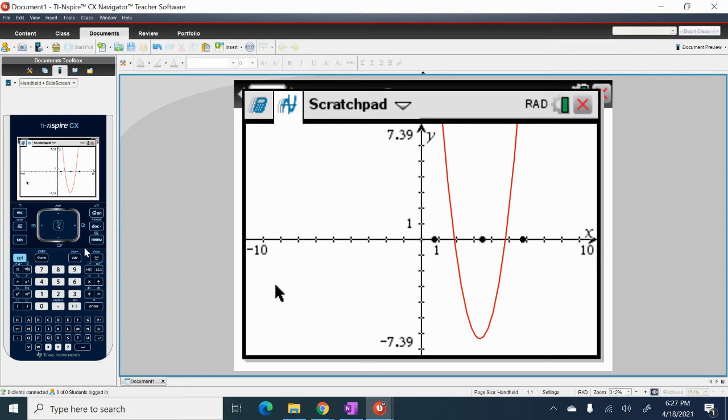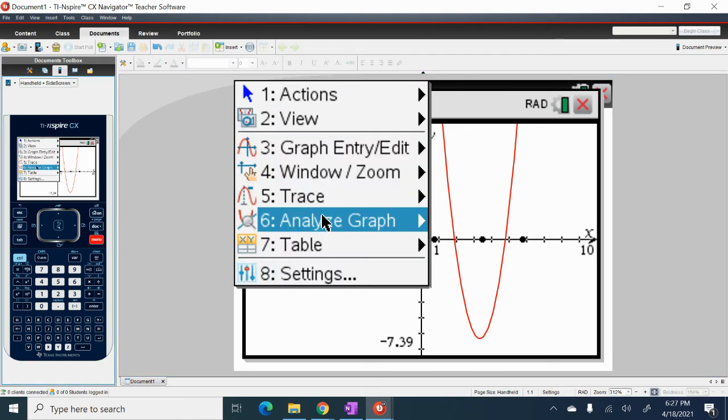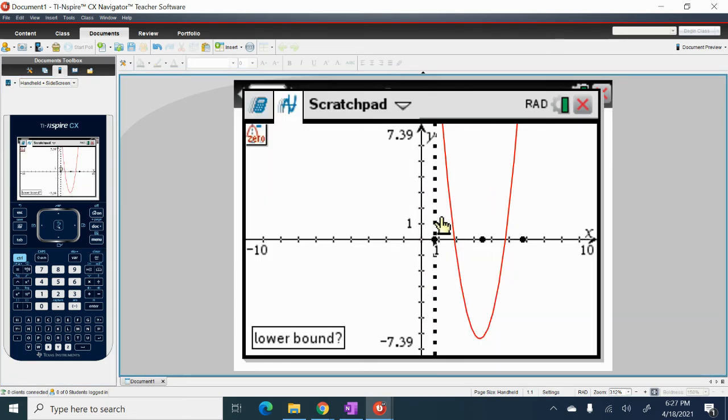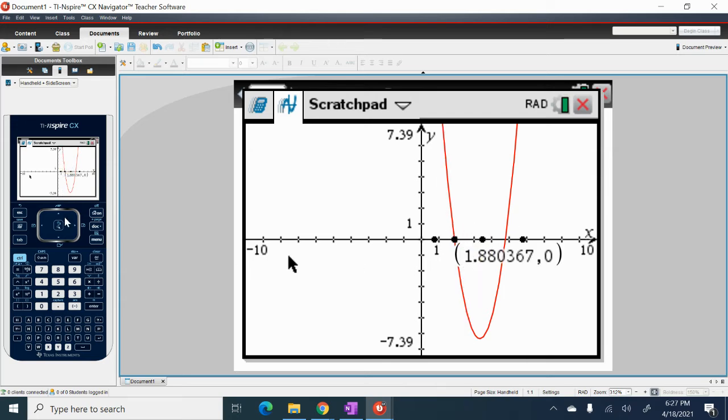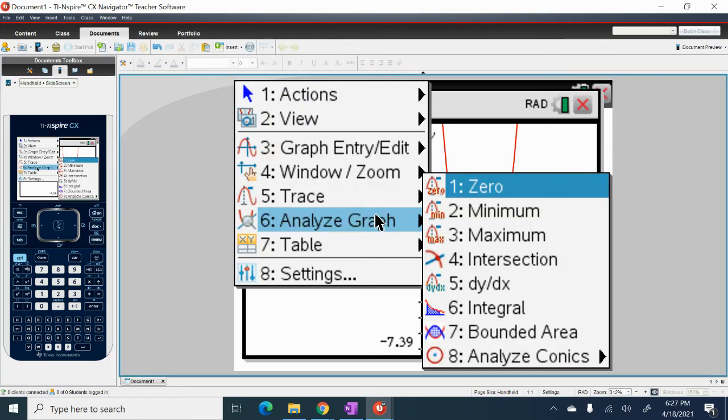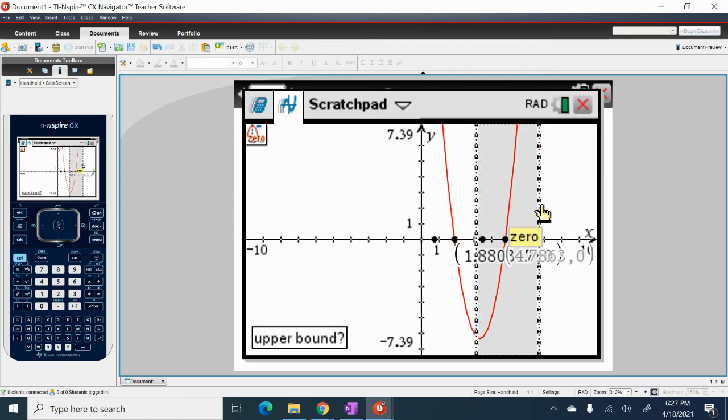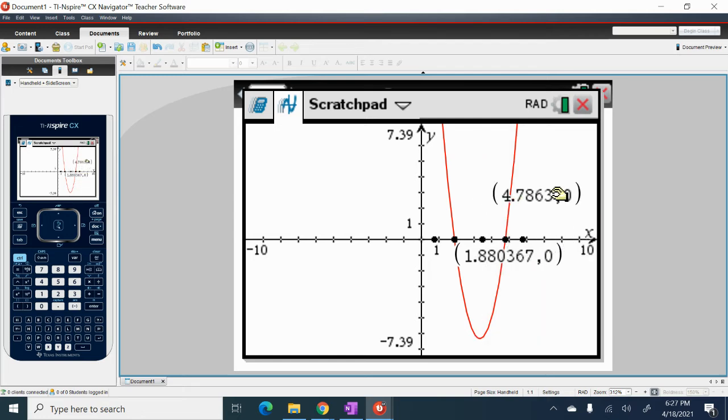Okay, and I'm going to calculate those zeros. So Menu, Analyze Graph, 0 to the left, to the right. And Menu, Analyze Graph, 0 to the left, to the right.